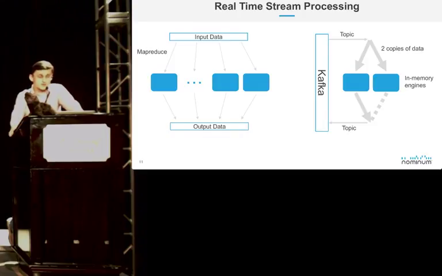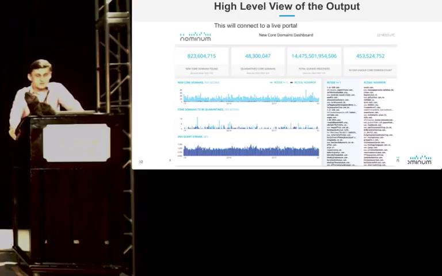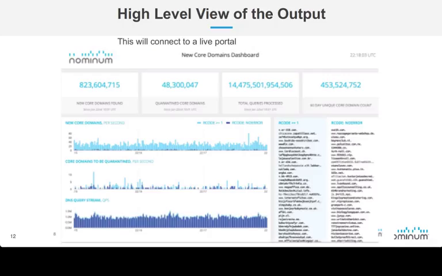So this is just a little bit of an engineering overview of the technology. And with the resulting code, we also put together a dashboard that we can just have some fun with. It's not an algorithmic analysis. It's something for visual pleasure in our office where we track new core domains.